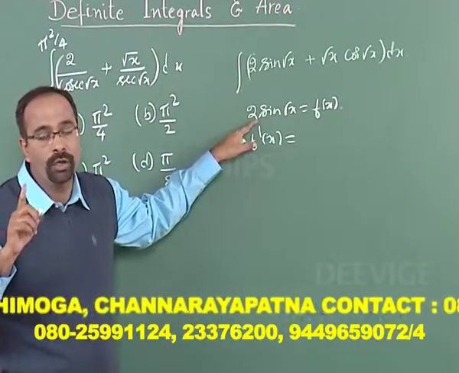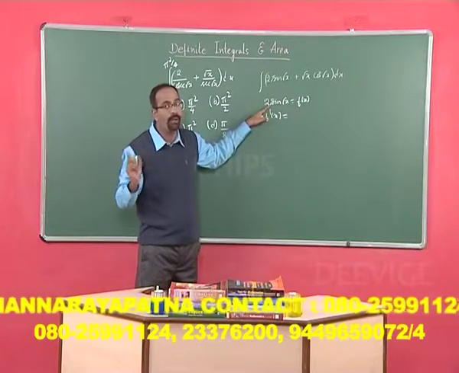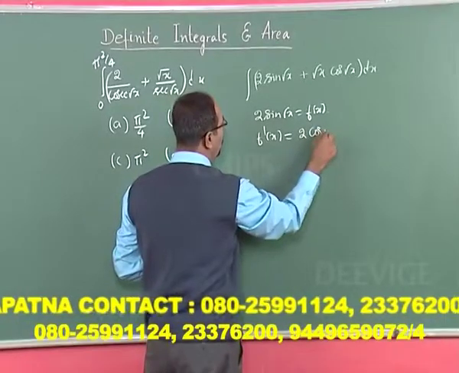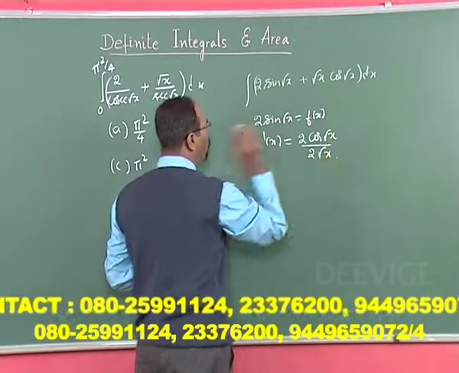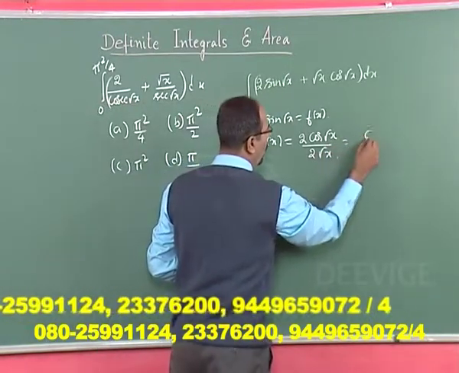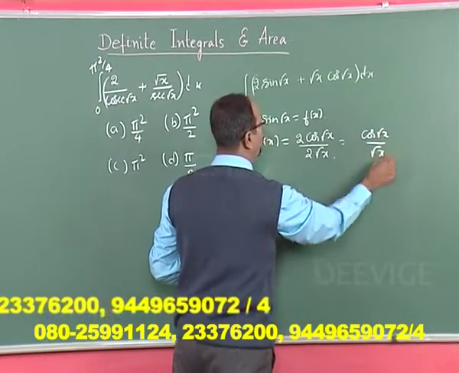Differentiation of 2 into sin root x is 2 into cos root x, divided by 2 root x, because differentiation of root x is 1 by 2 root x. Now what will we get? That is cos root x over root x.